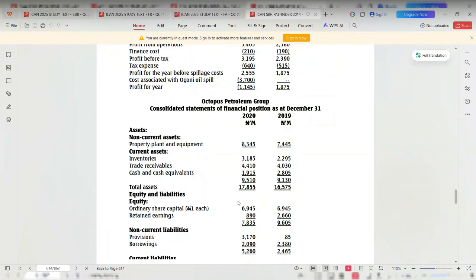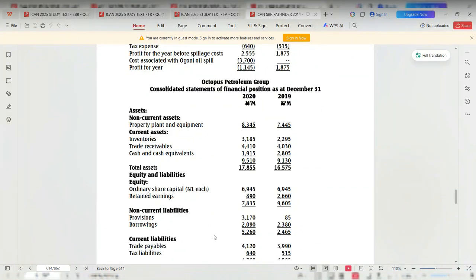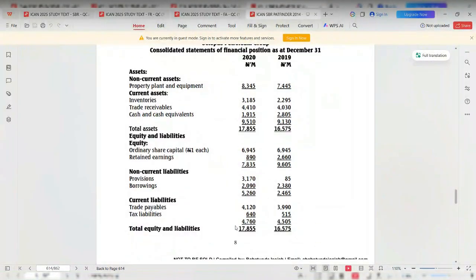Your total liability is your non-current liability plus your current liability. Non-current liability is actually 5,260. Then our current liability for 2020 is how much? Yes, ma'am.